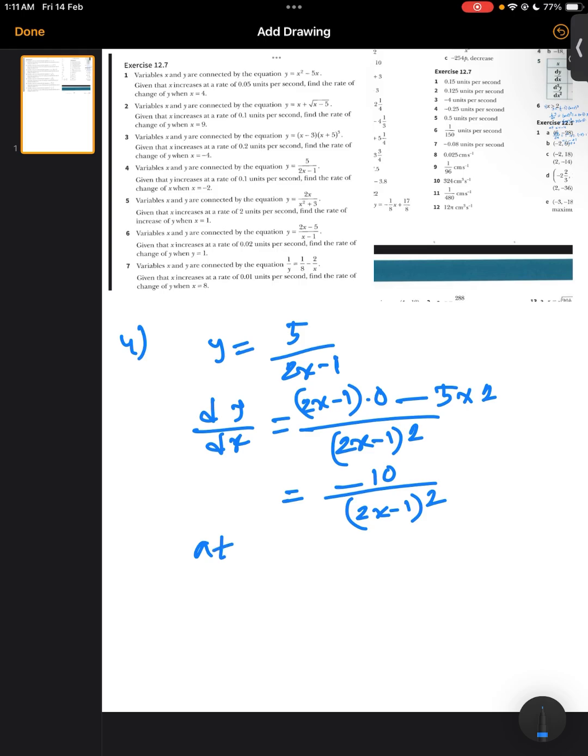At a particular point, number 4, x equal to minus 2. The change of y according to x is minus 10 over minus 2, I mean minus 4 minus 5, minus 5 square is 25, minus 2 by 5, which is minus 0.4.